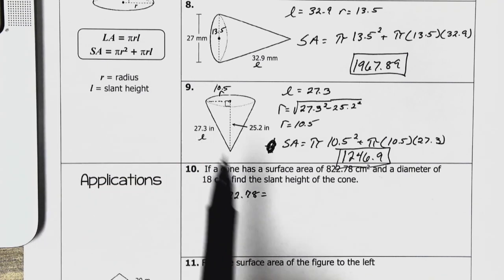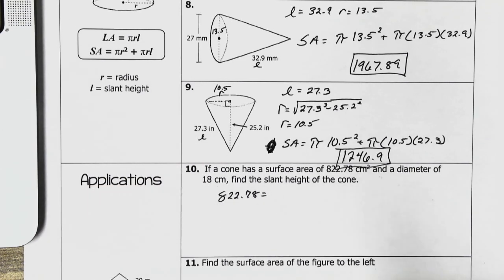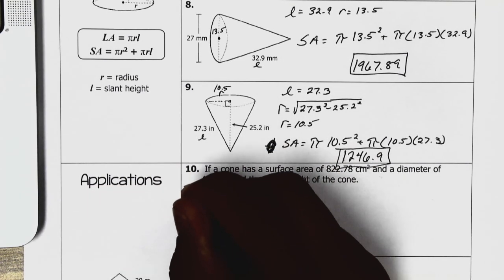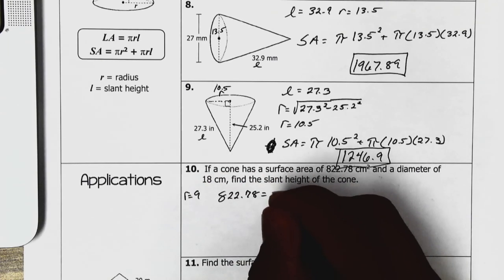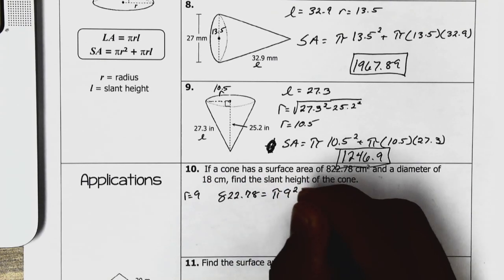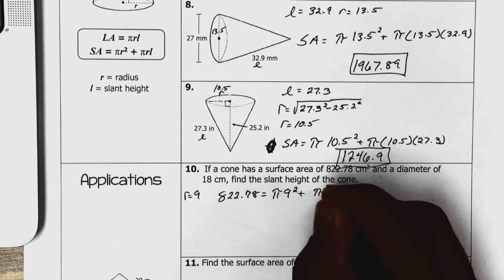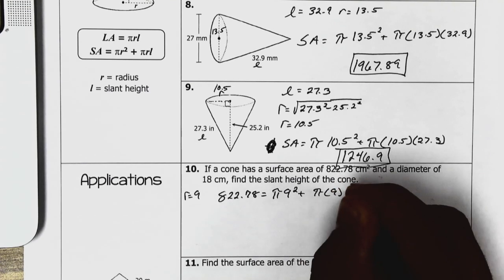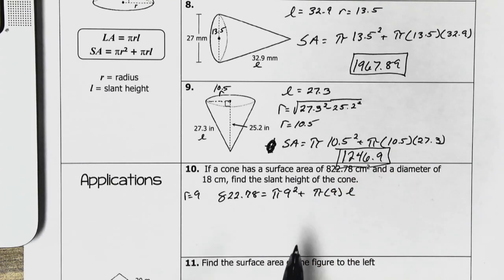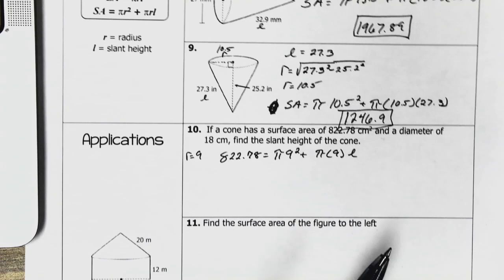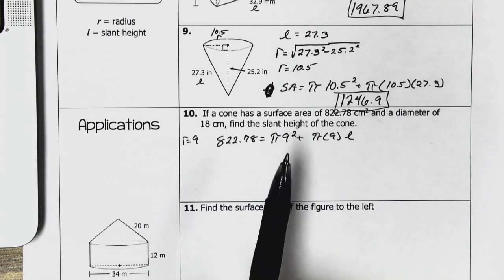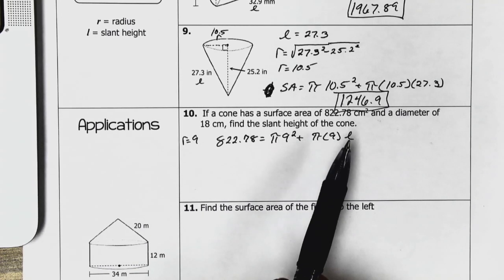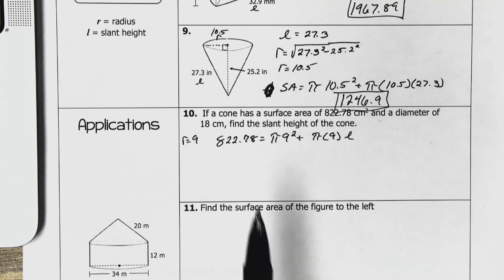That's going to equal pi r squared. So my diameter is 18, which means my radius has to be 9. So it's going to be pi 9 squared plus pi times 9 times L. Okay, so this is kind of like what we did on the last lesson. It's an equation. We got to get L by itself. So first we're going to take care of these pi's.